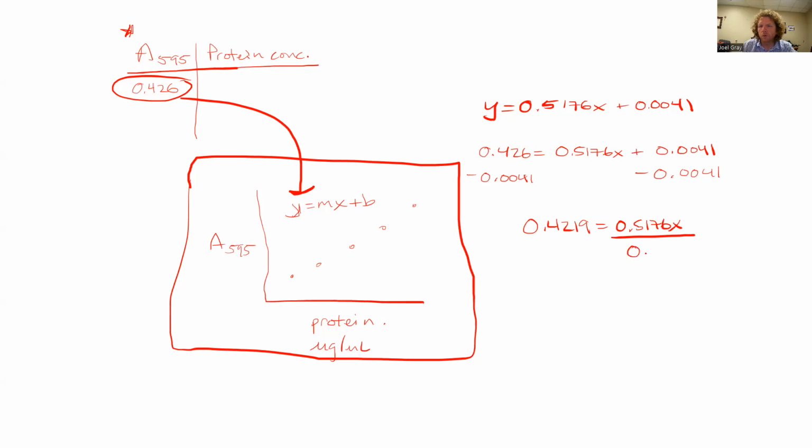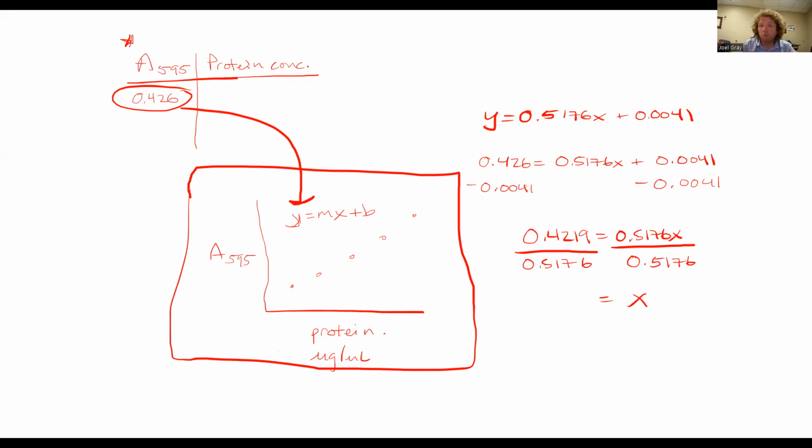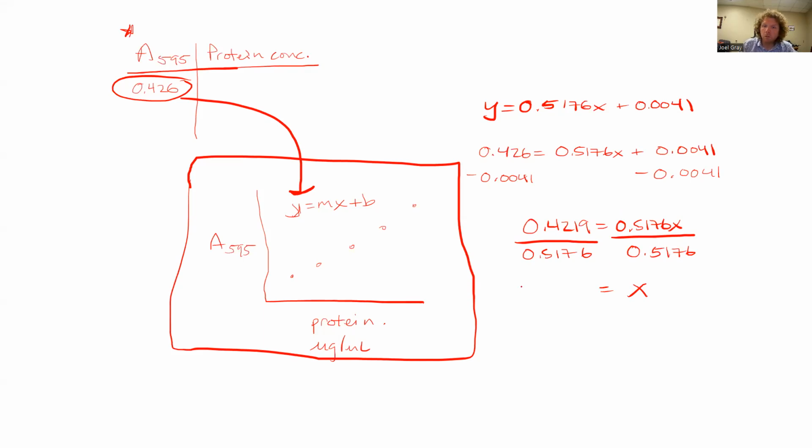Divide each side by 0.5176, and I ultimately get from that x is equal to 0.815 micrograms per microliter. So that is going to be the answer for that value.